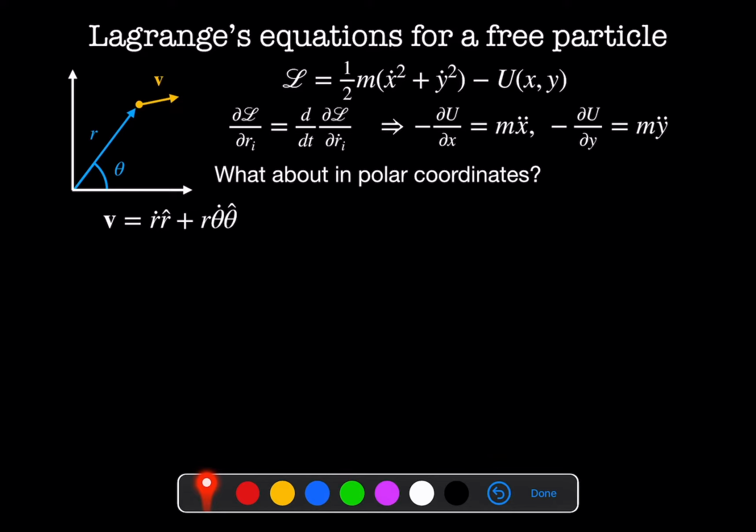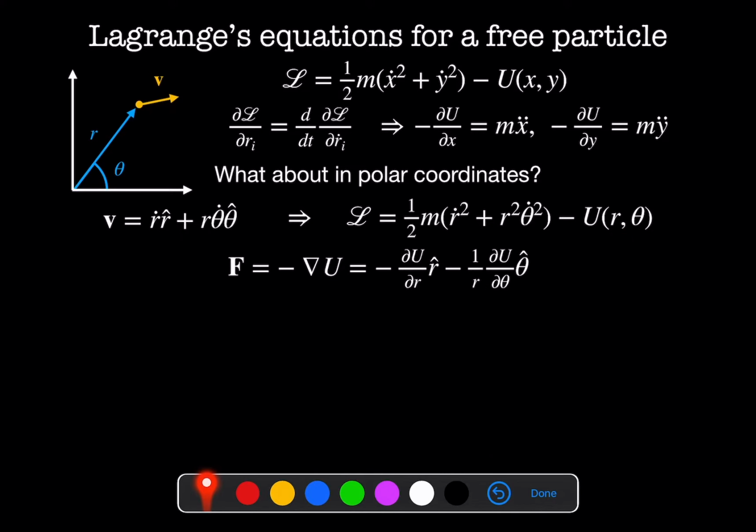And now I can look at 1/2 mv squared from this definition and re-express my Lagrangian in terms of these new coordinates. This is 1/2 m times r dot squared plus r squared theta dot squared minus the potential as a function of r and theta.